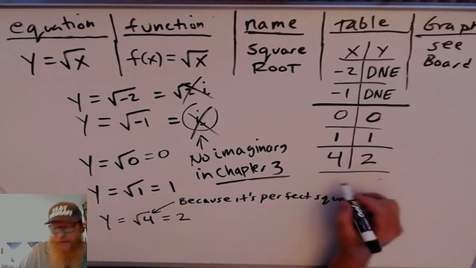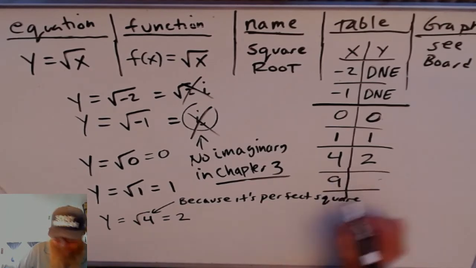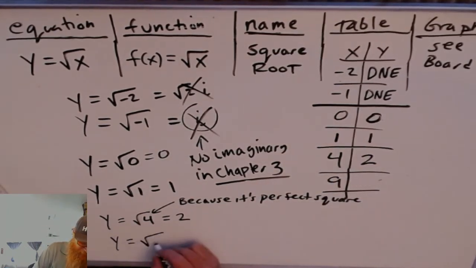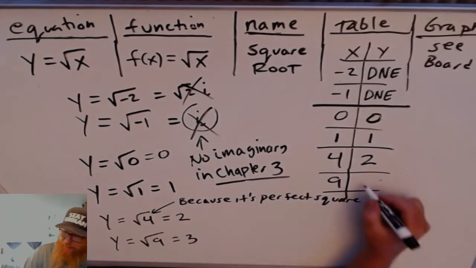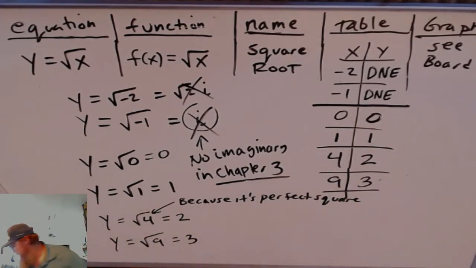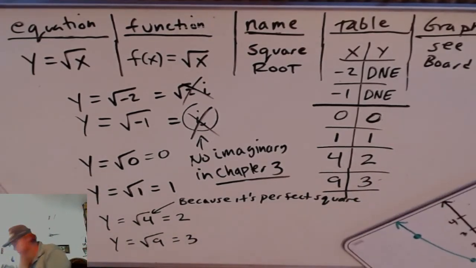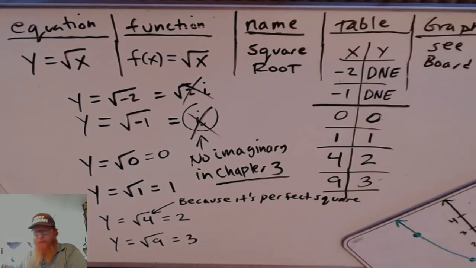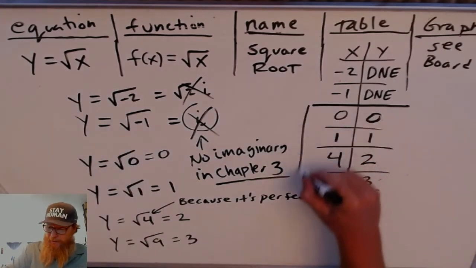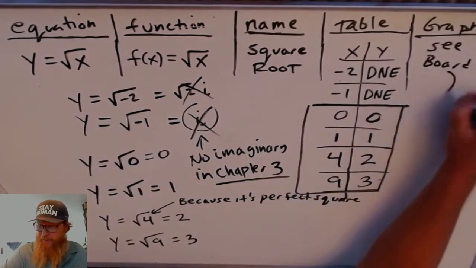The only way to get an exact value is to pick perfect squares. So the next one, 9. And we can stop there. Okay, so we're only going to graph this.